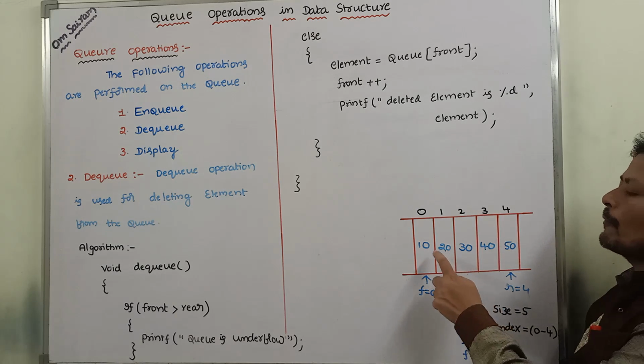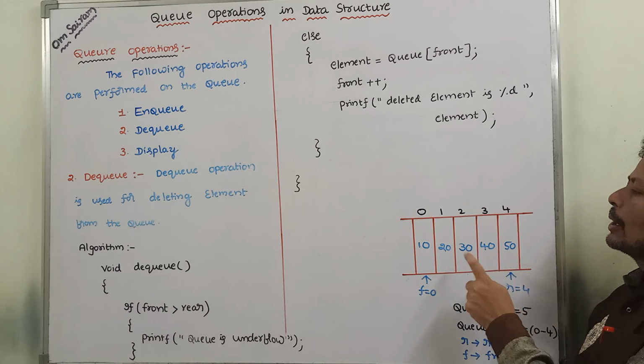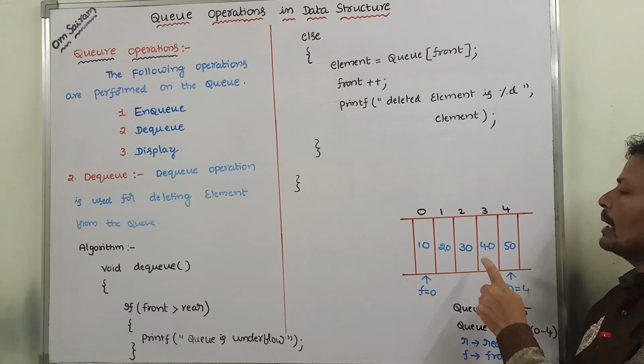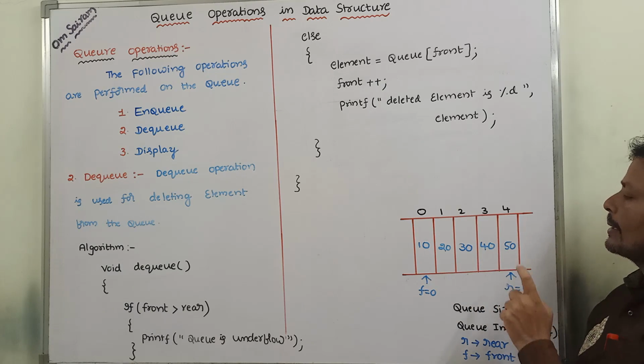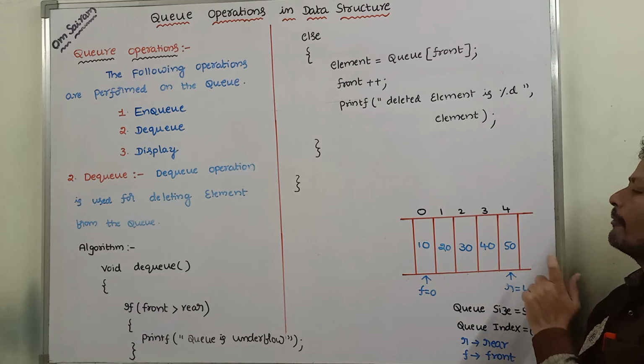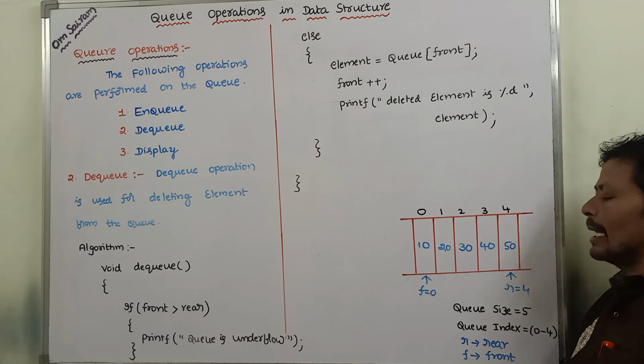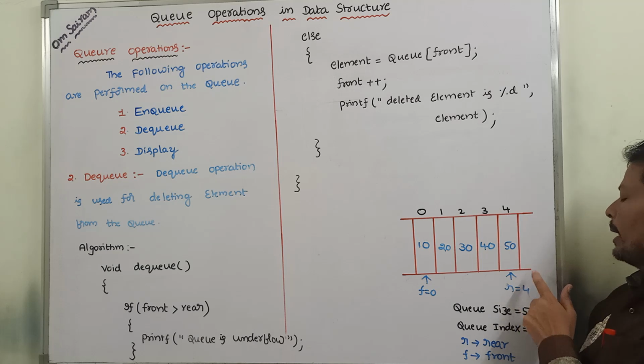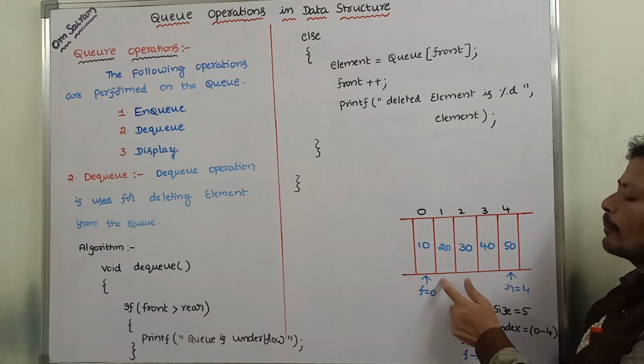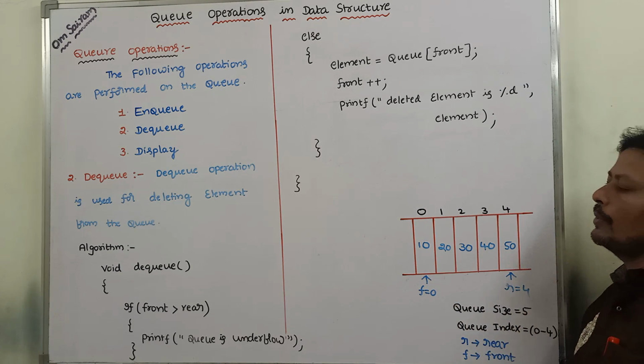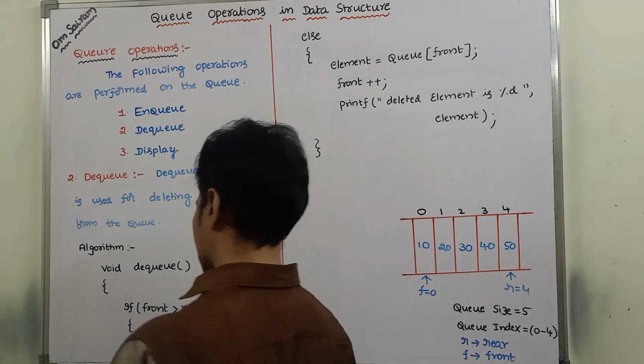Okay, so queue of 0 contains element 10, queue of 1 contains element 20, queue of 2 contains element 30, queue of 3 contains element 40, queue of 4 contains element 50. Okay, so rear pointer pointing to 4, front pointer pointing to 0. Okay, now we have to trace our code.